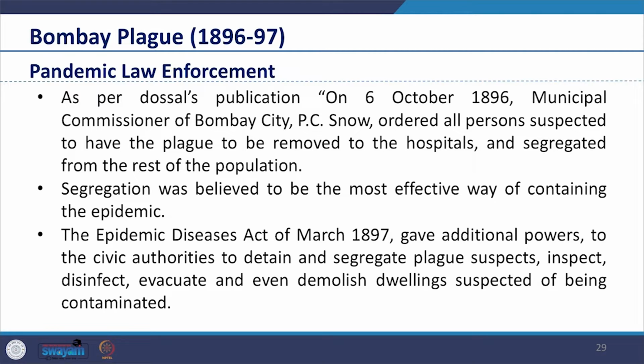Segregation was believed to be the most effective way of containing the epidemic. The Epidemic Diseases Act of March 1897 gave additional powers to the civic authorities to detain and segregate plague suspects, inspect, disinfect, evacuate and even demolish dwellings suspected of being contaminated.